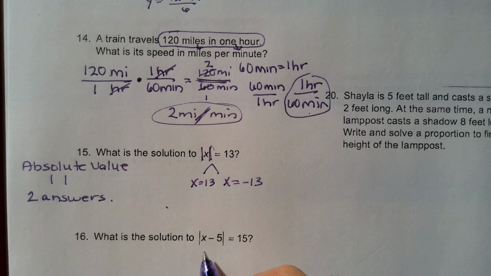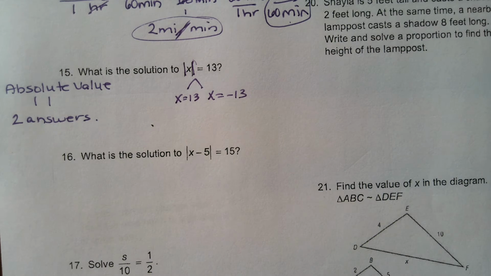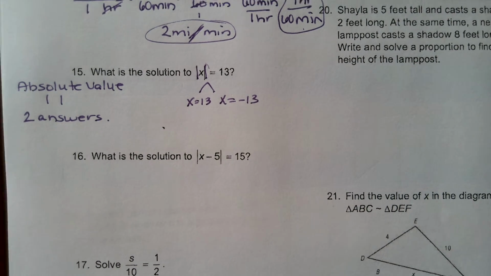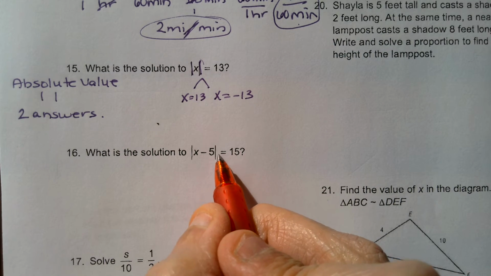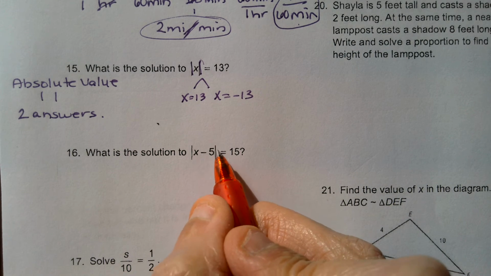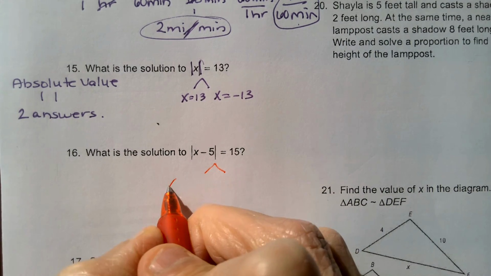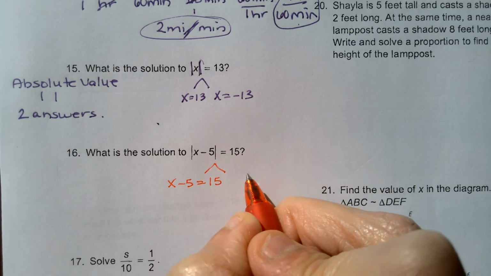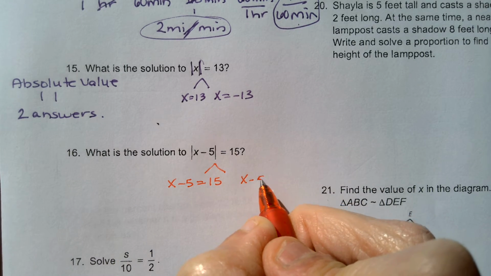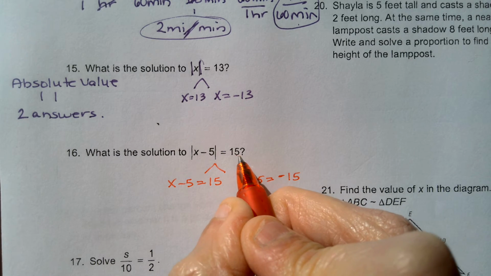So now we drop down to the next type of problem, which has something inside of it. But there's still nothing on the outside, so I can immediately break it right down. So I have x minus 5 equals positive 15. And x minus 5 equals negative 15. It's this part that switches.